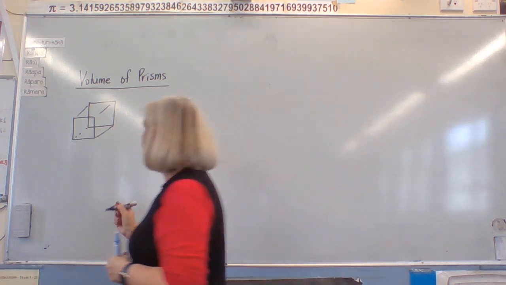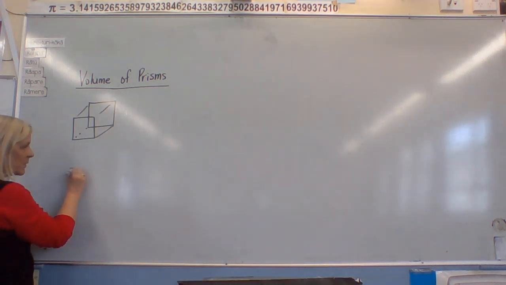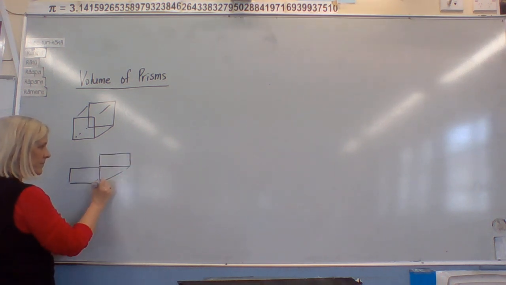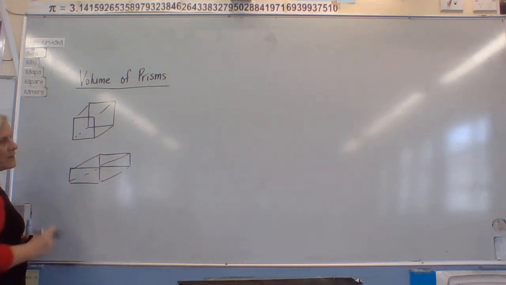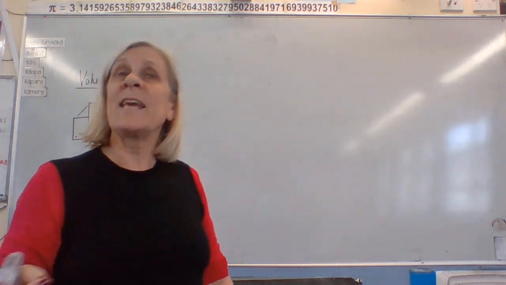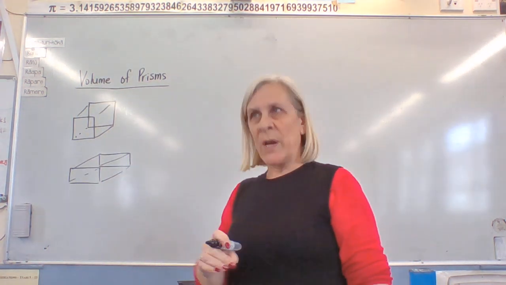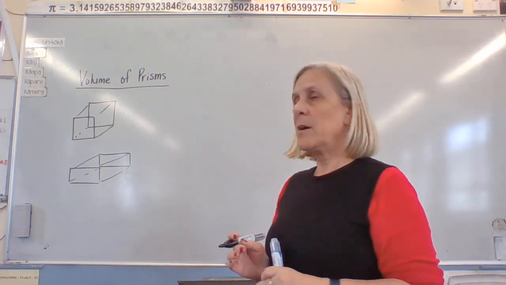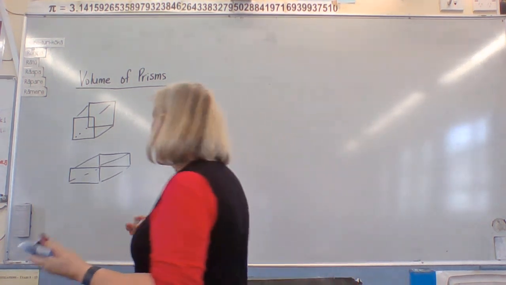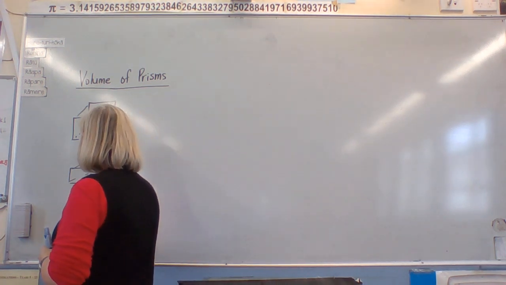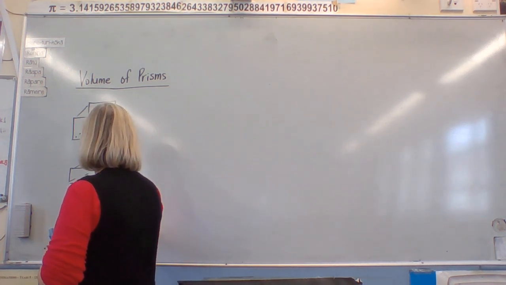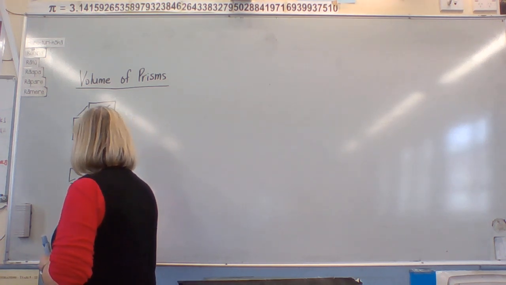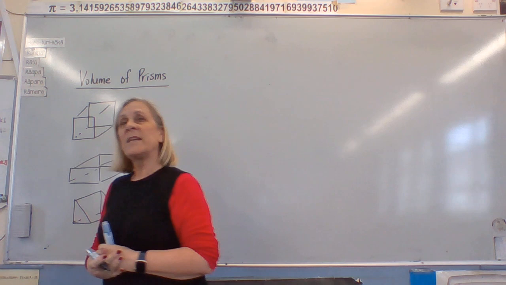Then we have also this one. That's called a rectangular prism or a cuboid. Now it becomes a cuboid because it's no longer squares. All right? Then we can have all sorts of other ones. We can have triangular prisms.